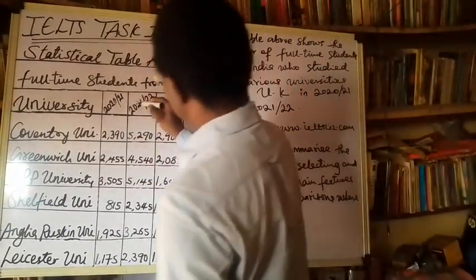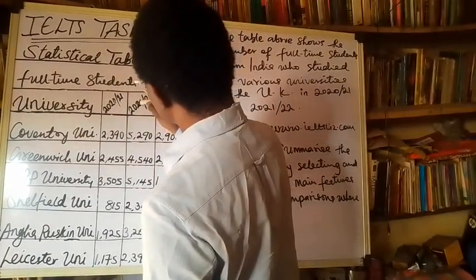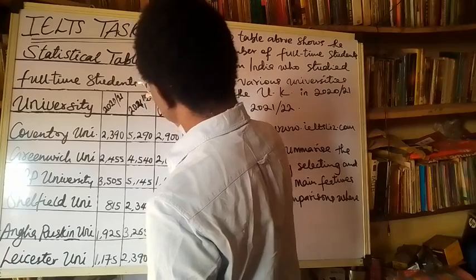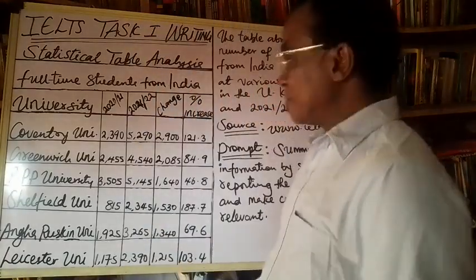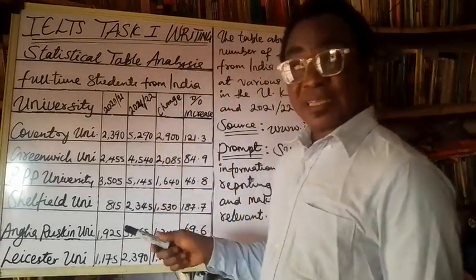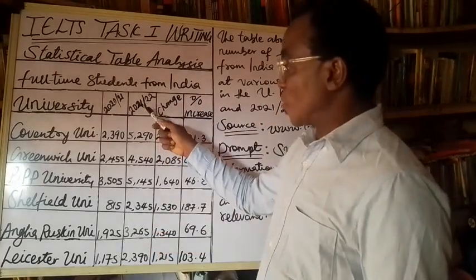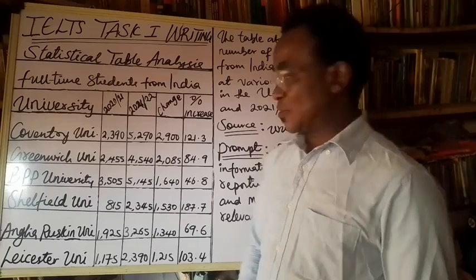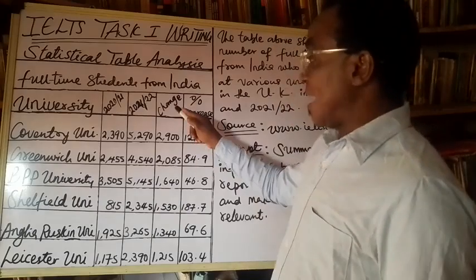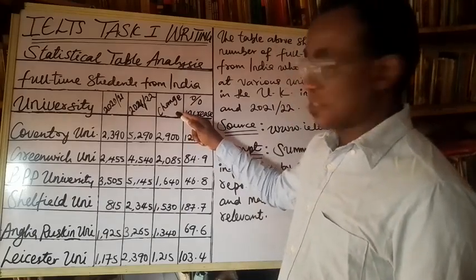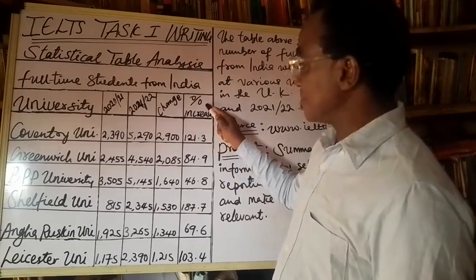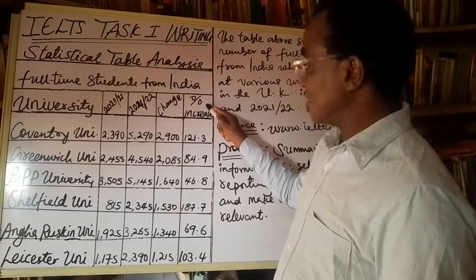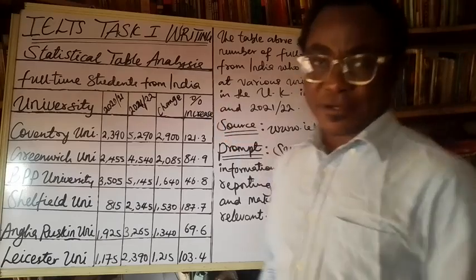Second column, second academic session, 2021/22. And third column, change. Fourth column, here, percentage increase.